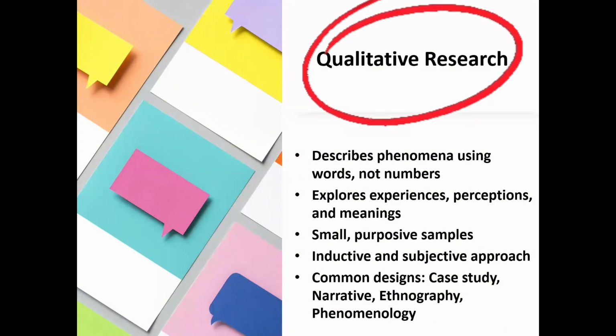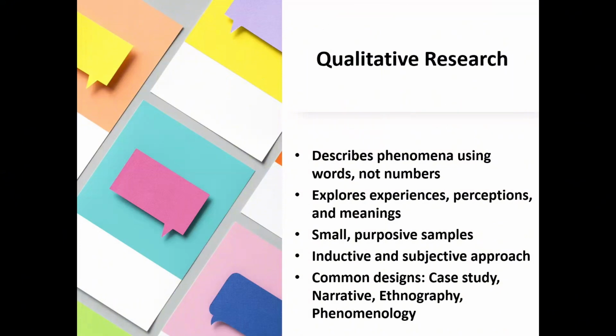Qualitative research describes phenomena using words and not numbers like we usually use: scores of students, 60, 40, ages of students, 15, 16, 17. But in qualitative research, we use words to describe phenomena. That is a very marked difference.